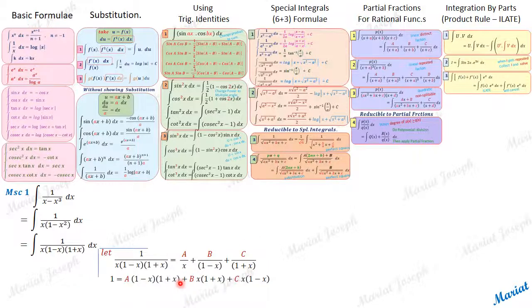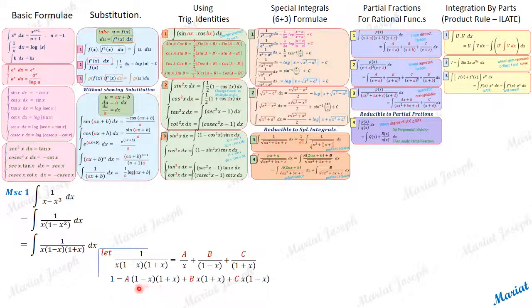That is 1 equal to, why 1 equal to? The denominator already cancelled with the denominator LCM out here. So 1 equal to a into these two factors 1 minus x, 1 plus x, plus b into x into 1 plus x, plus c into x into 1 minus x.